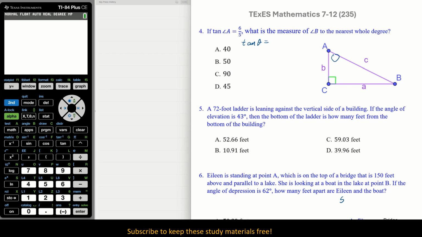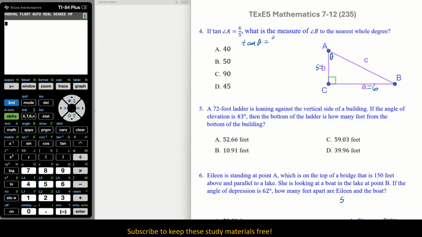We're looking at A. Make it where we can actually read it. Okay, so this would be our theta, okay? All right, so tangent theta, we know equals the opposite over the adjacent. So that tells me that this is the 6 and that this is the 5, okay?